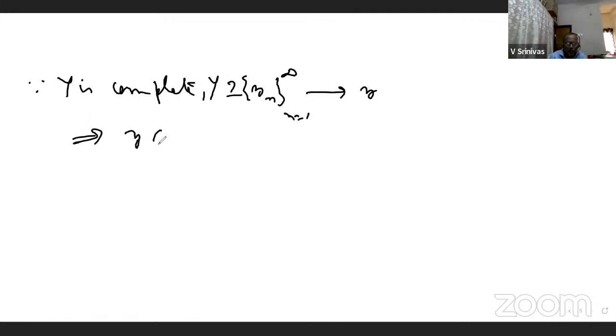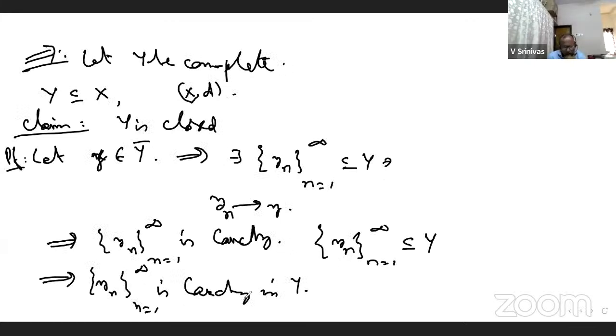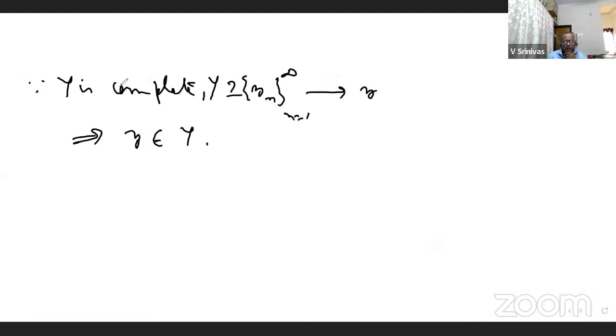We showed that this is a Cauchy sequence in Y, and now this Cauchy sequence is converging to small y, and capital Y is complete, so this small y has to belong to capital Y.